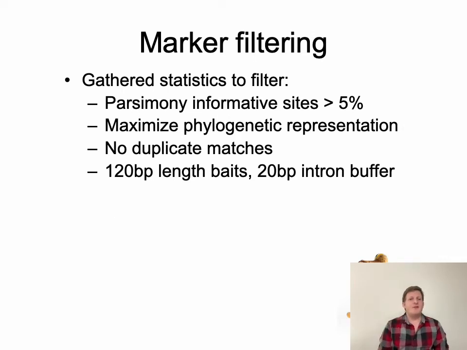With our final set of markers, we filtered them all after gathering statistics from the alignments to ensure that they all had greater than 5% parsimony informative sites. We also wanted to maximize phylogenetic representation, so we made sure that 80% or greater of the samples were found in the alignments for a specific marker. We also filtered for duplicate matches and paralogs.